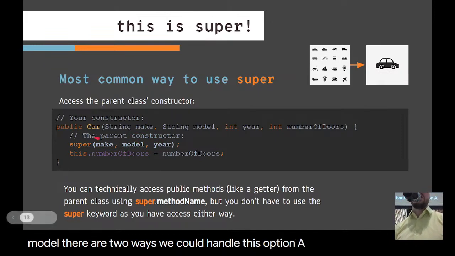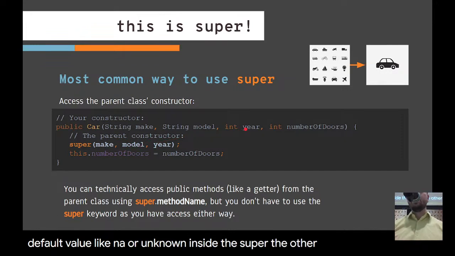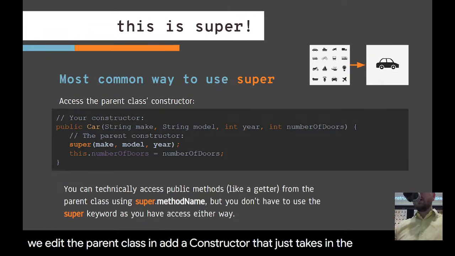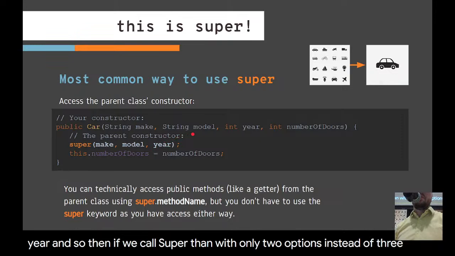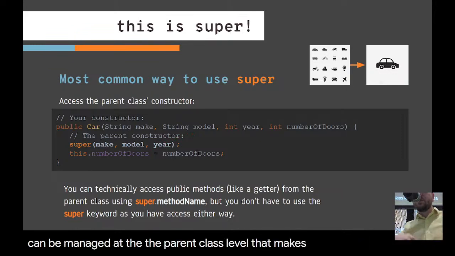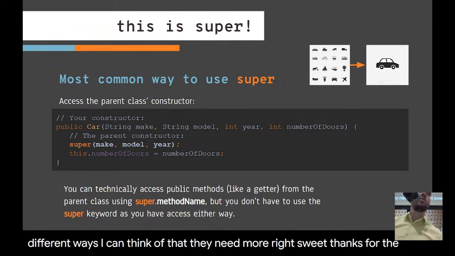Option A is we pass in a default value, like NA or unknown, inside the super. The other option would be that we edit the parent class and add a constructor that just takes in the make and the year. Then if we call super with only two arguments instead of three, it can be managed at the parent class level, if that makes sense. Those are two ways that I can think of, maybe more. Sweet. Thanks for the question.